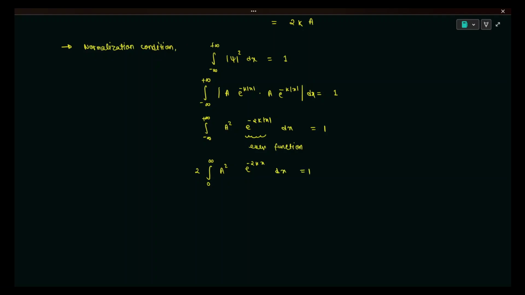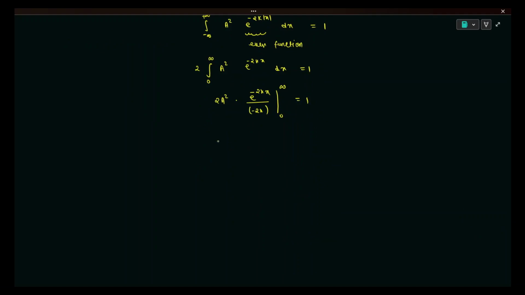So therefore 2a square, and the integration of e raised to power minus 2kx will give me e raised to power minus 2kx divided by minus 2k, and the limit will be from 0 to infinity, and this should be 1.